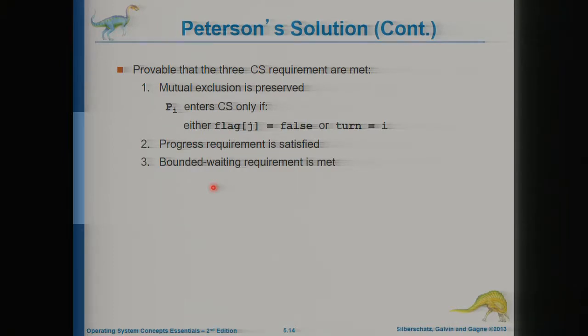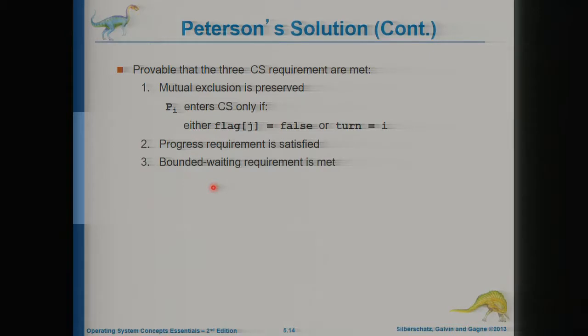Progress also is achieved. We are setting the flag to false at the exit time. The process which has just finished the critical section executes flag of itself is equal to false. So that indicates that it is taking care that the other processes that are waiting can enter the critical section. So there is progress.